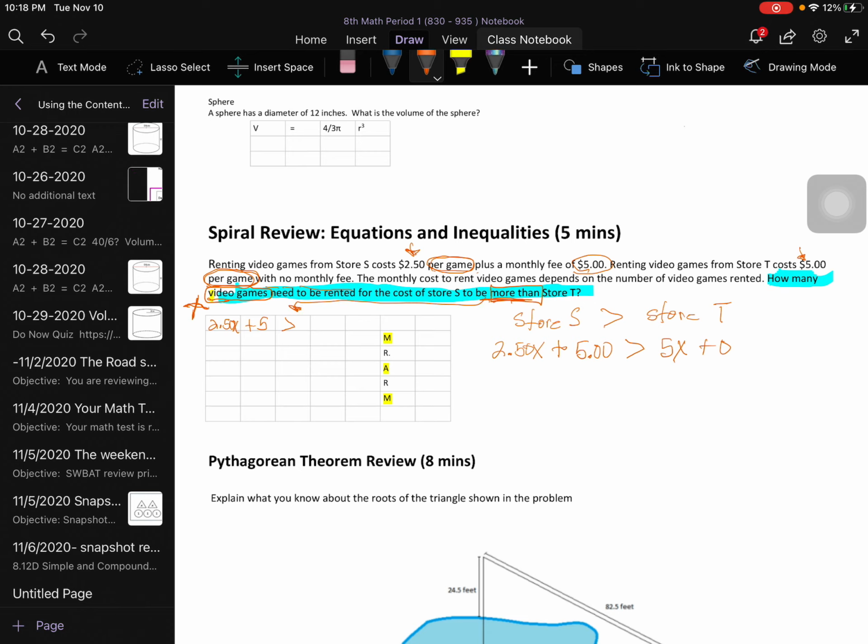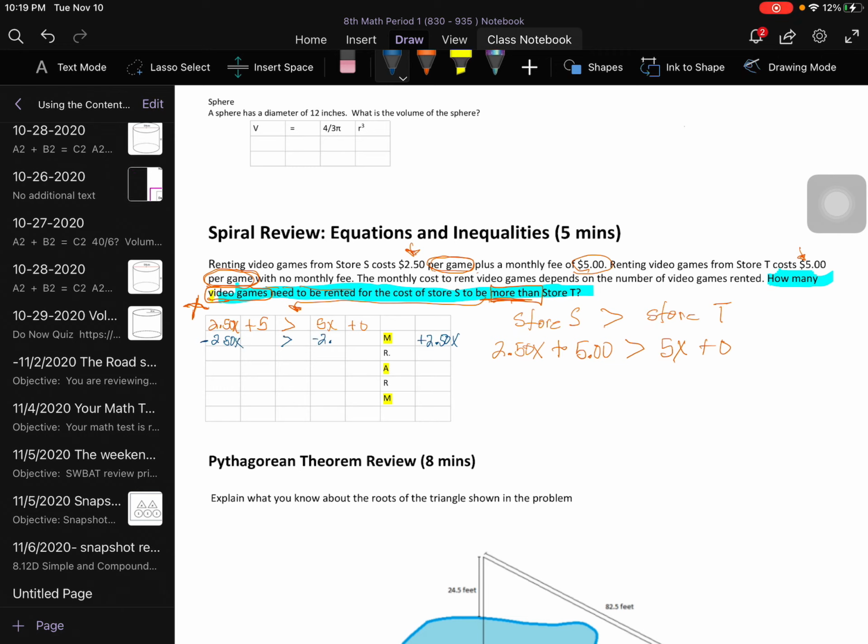So what is the first pick? The first pick is the smallest letter term. We have 250x and then we have 5x. So I'm going to go with the positive 250x. Because I wrote positive 250x, I have to write what? The inverse, which is negative 250x, and the greater than symbol on both sides.